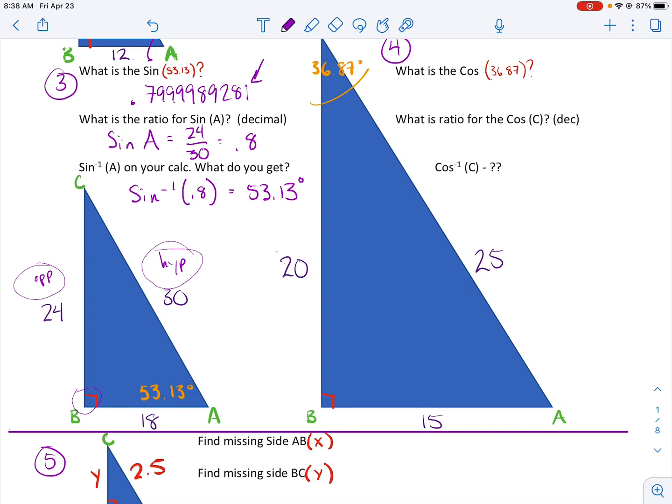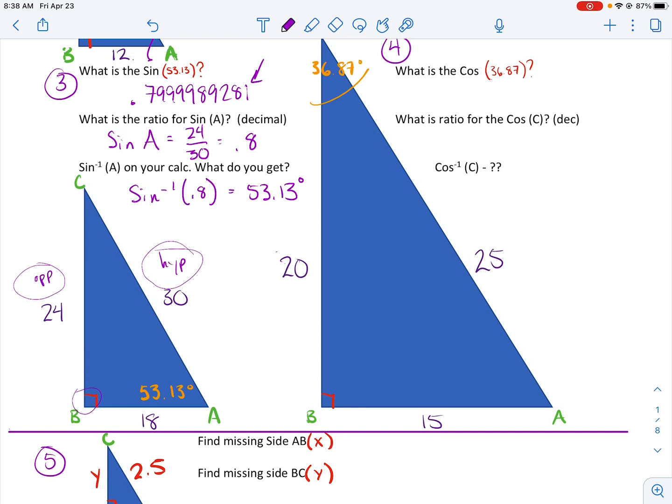So what I'm trying to sell you on is this: the ratio created, no matter what the size of the triangle, if you have a 53.13 degree angle as an acute angle, the ratio created by the opposite over hypotenuse side is always going to be 0.8.